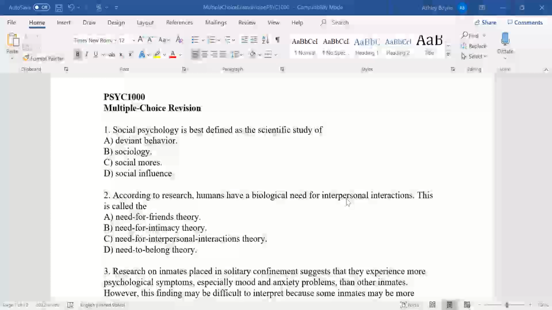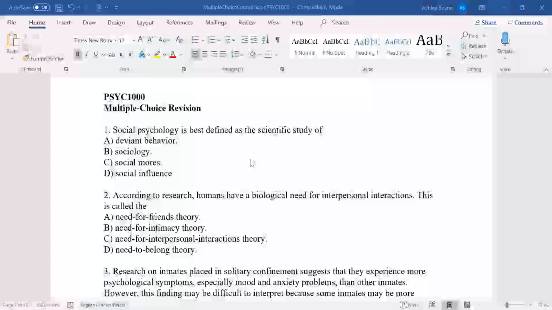So I'm seeing that Samantha is saying D. Does anybody have a different answer? D. Okay, great. Yes, so it is D. Social psychology is best defined as the scientific study of social influence.